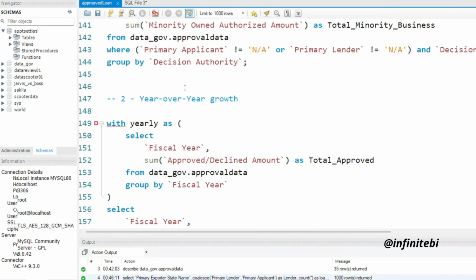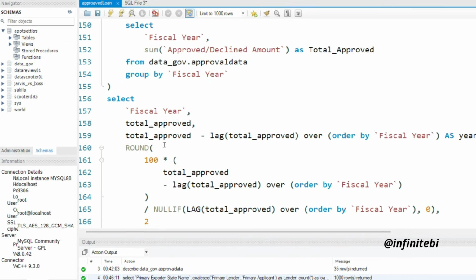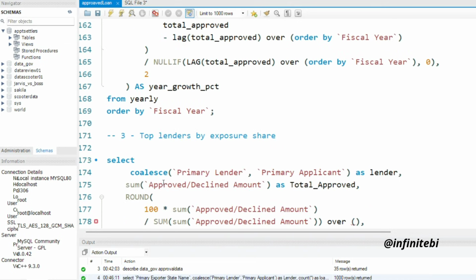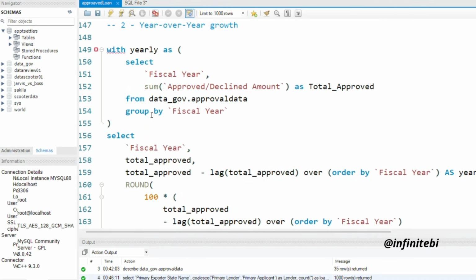And then the second part is the year-over-year growth. You can see I use a CTE to do it. The top lenders by exposure share, that's been calculated. Well, let me explain that one first. The CTE, you guys already know the CTE.